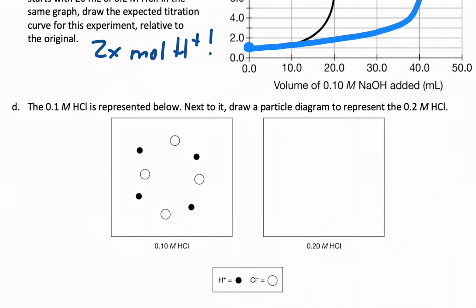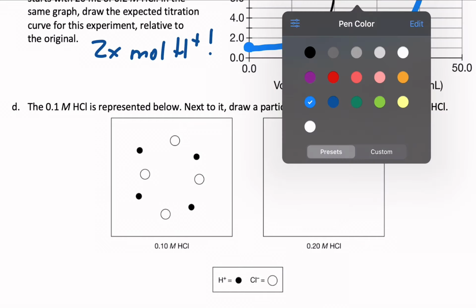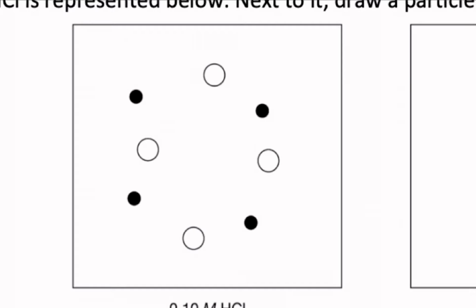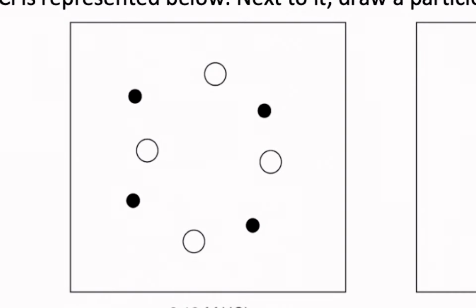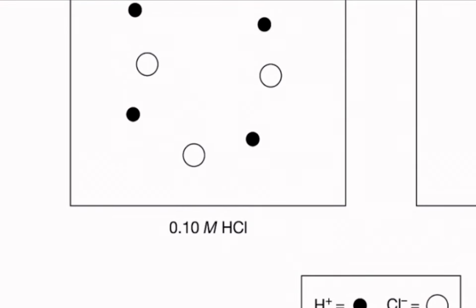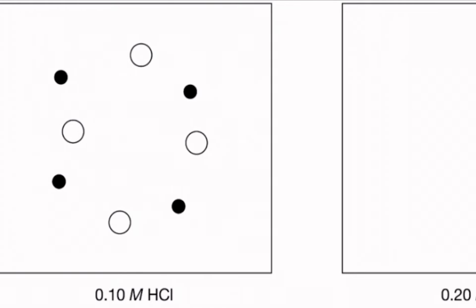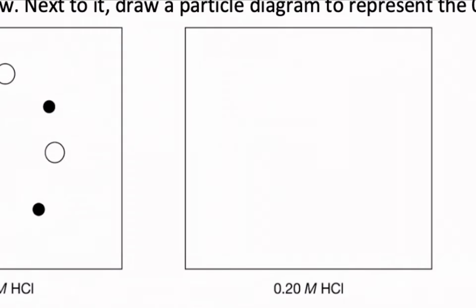Lastly, here is a particle diagram of the 1 molar HCl. What does the 0.2 molar HCl look like? Notice it's totally dissociated. So I see 4 what look like chloride ions as empty circles and 4 H pluses as filled circles. I just need to double all of those.